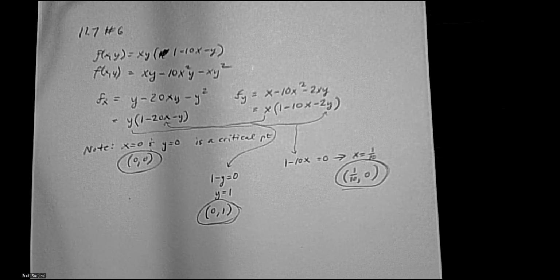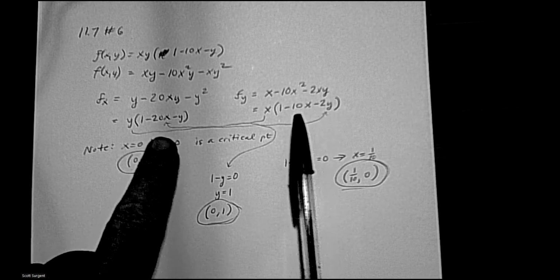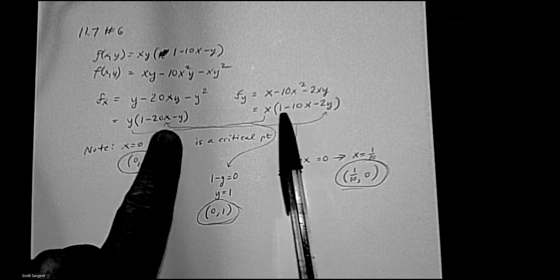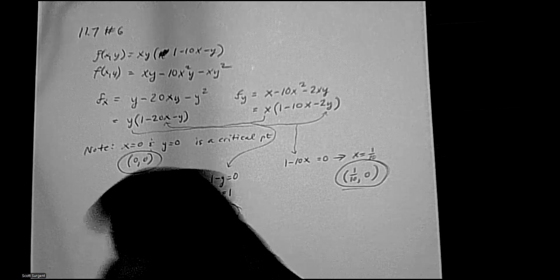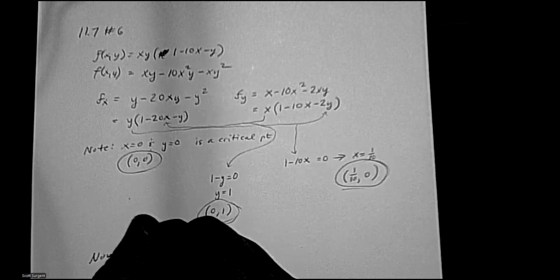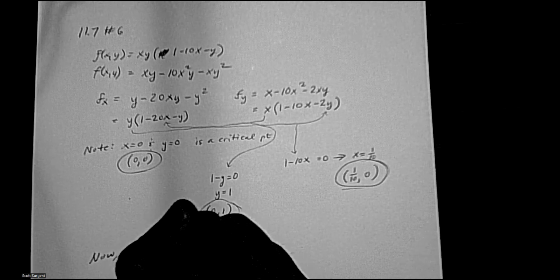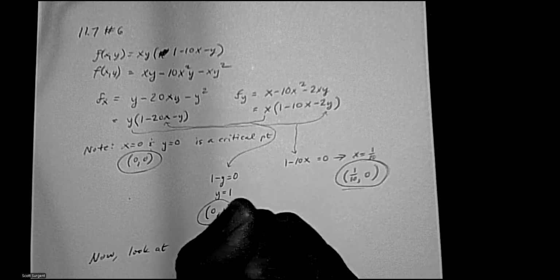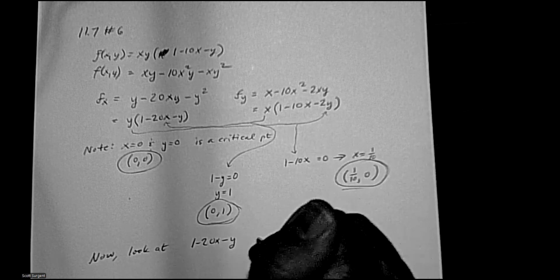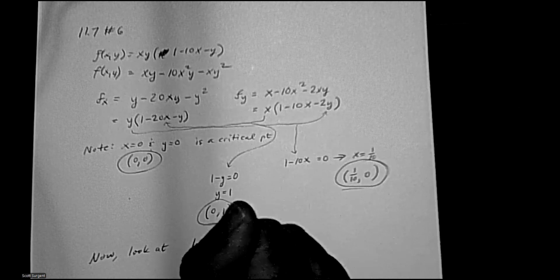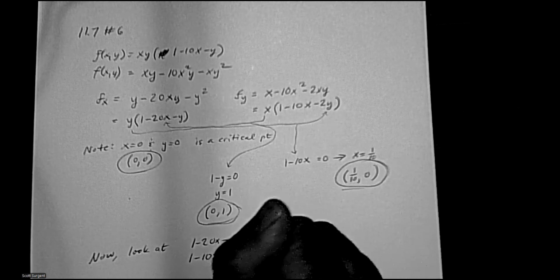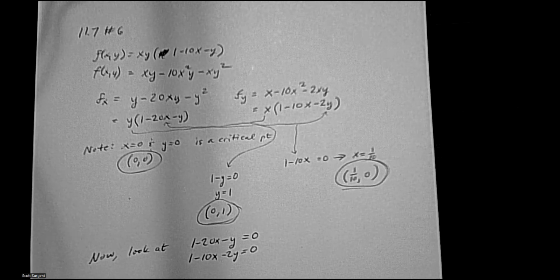Now what we actually need to do is look at these lengthier factors as a system. So look at 1 minus 20x minus y equals 0, and at the same time, 1 minus 10x minus 2y equals 0. Do you see what I did there?